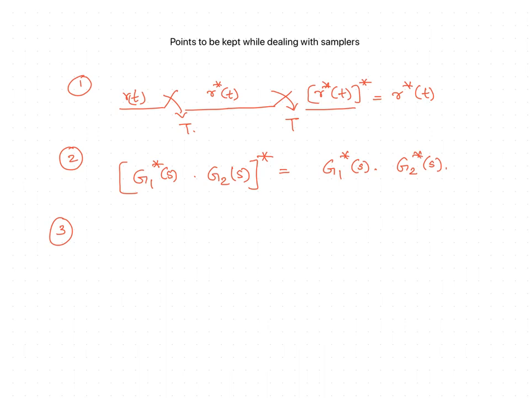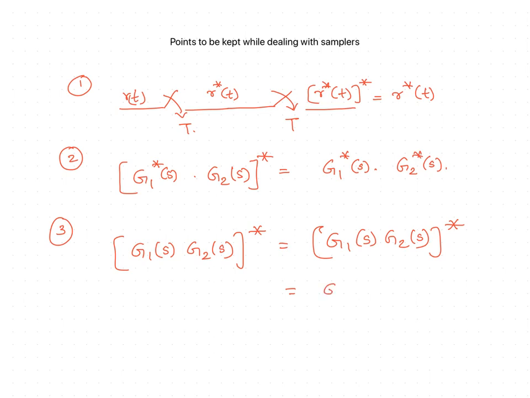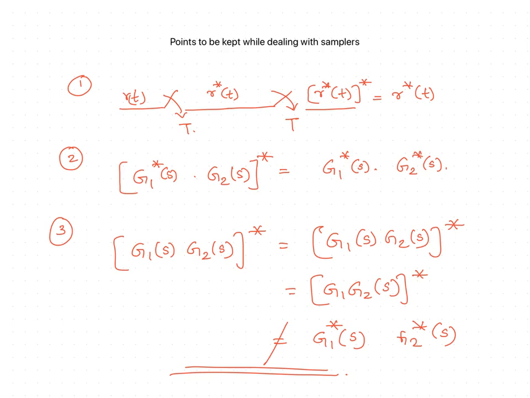The third point is, if you don't have samplers in between two blocks, and if you try to find the sampled signal of the combined one, then this can be written as G1(s) G2(s) star, that is G1G2 star of s, but this is not equal to G1 star of s into G2 star of s. Thank you.